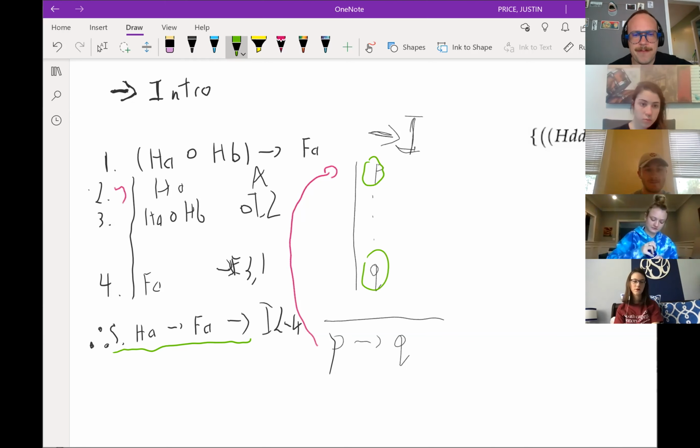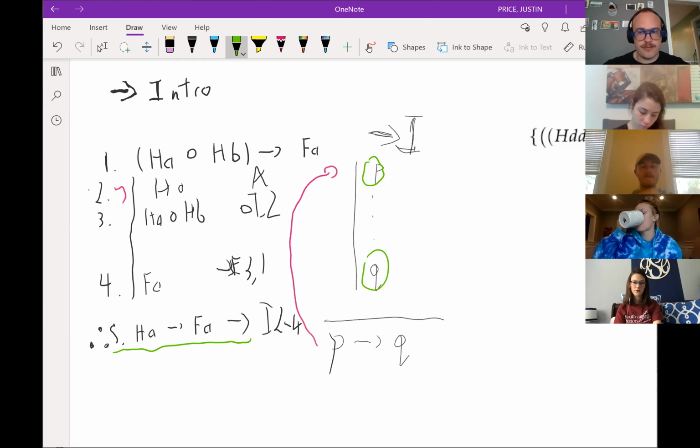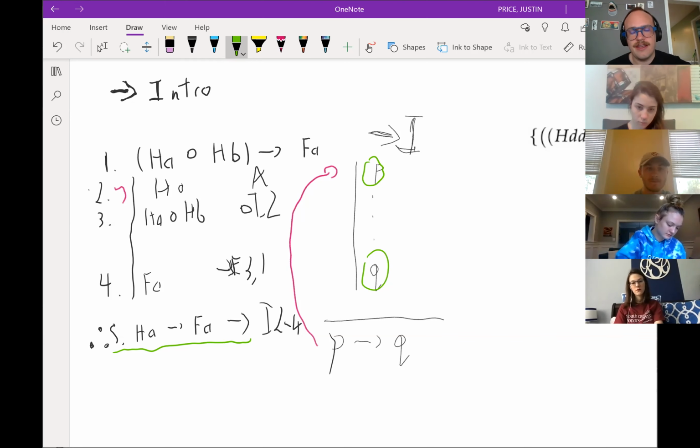So if you remember, you can think of each step in a derivation as something we can assume to be true if we assume the premises are true. So if we're assuming HA is true and we get to FA using the rules of inference, which are all truth preserving steps that take us from things we're assuming to be true to other things we can assume to be true given that.